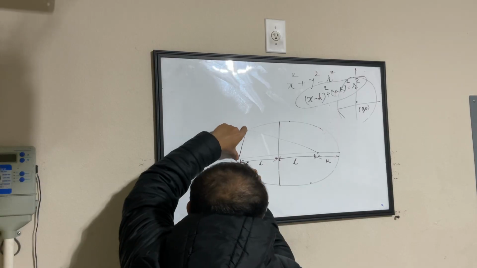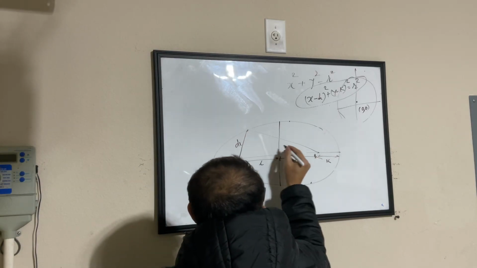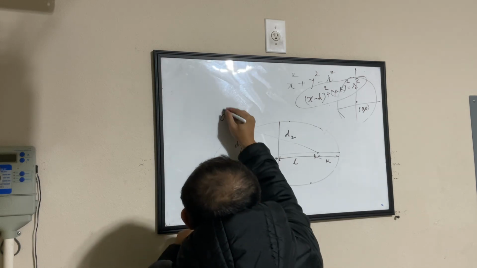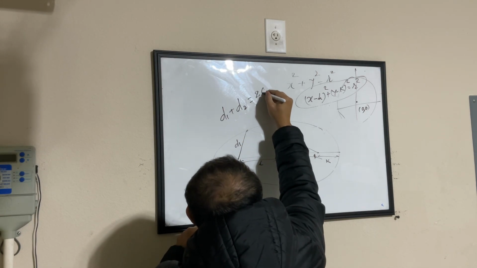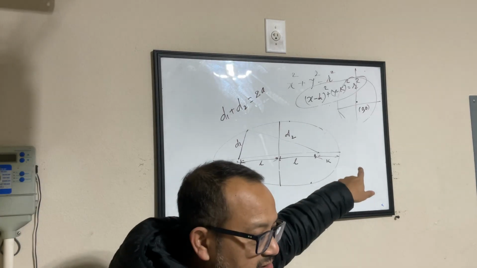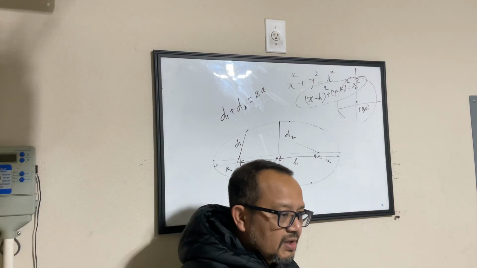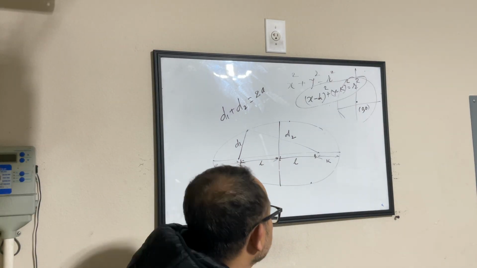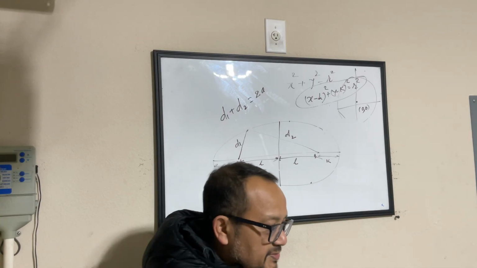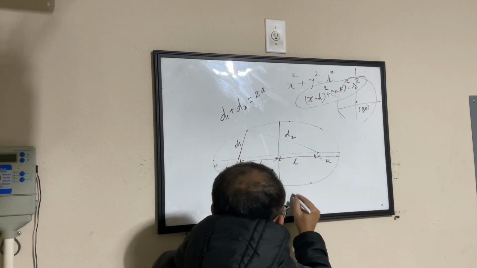Basically the distance from the foci, let's say this is D1 and this is D2. D1 plus D2 will always be equal to 2 times the length of the major axis, the major radius basically. So this is a unique property of an ellipse, where these 2 points are called focal points or foci.